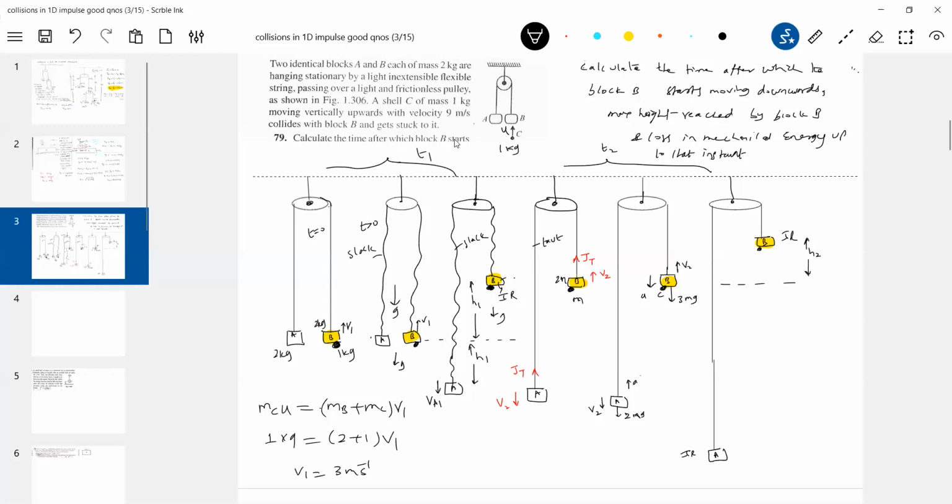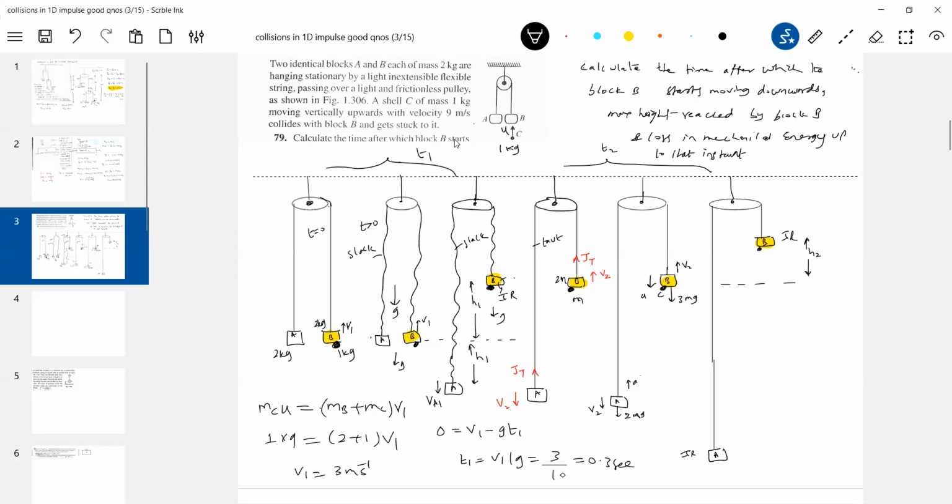So can we calculate T1? 0 equals V1 minus GT1, so T1 equals V1 by G. V1 we know, so I'll get T1. T1 equals V1 by G, so this will be 3 by 10, 0.3 seconds. I'll write everything here only, it'll be much easier for you.